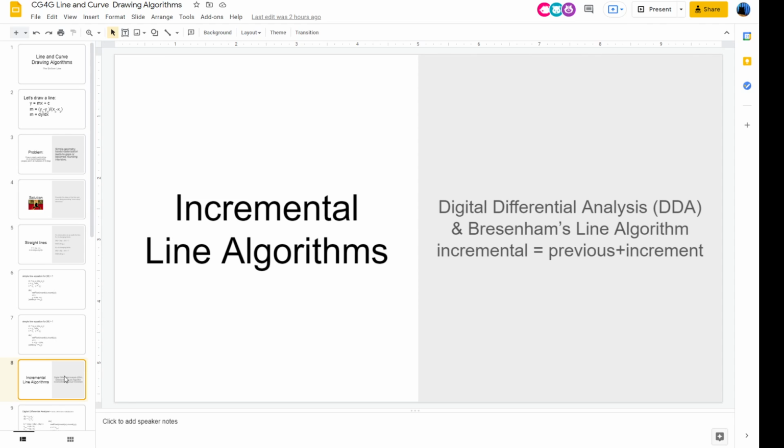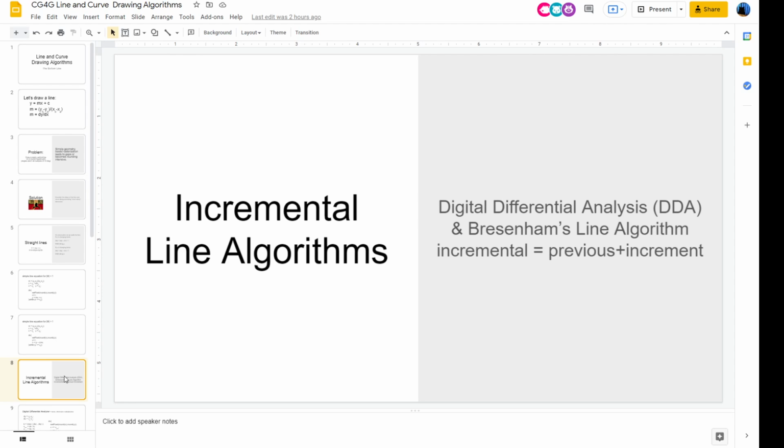The first thing that came along was digital differential analysis, one of the first big line algorithms. The second was Bresenham's line algorithm, which starts with that same idea and runs with it, increasing efficiency by making it all work in an integer space, without needing floating point or any kind of rounding.